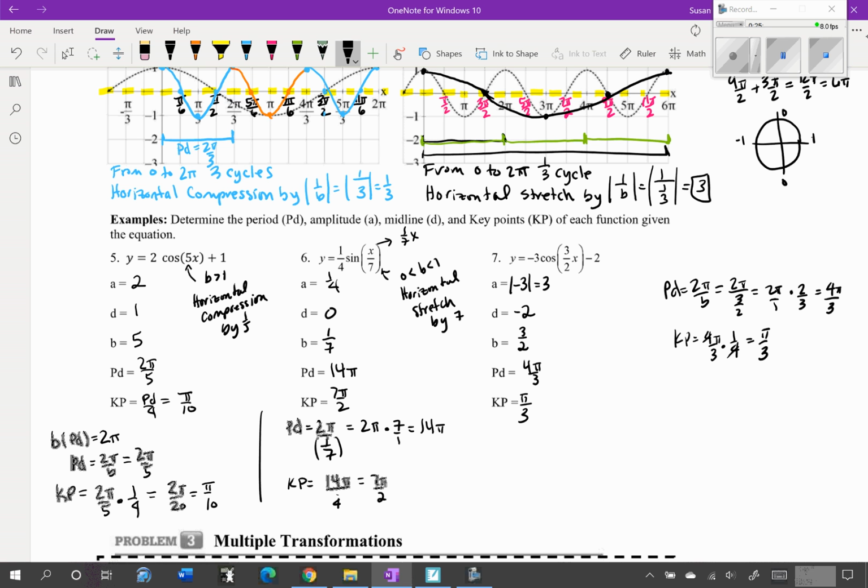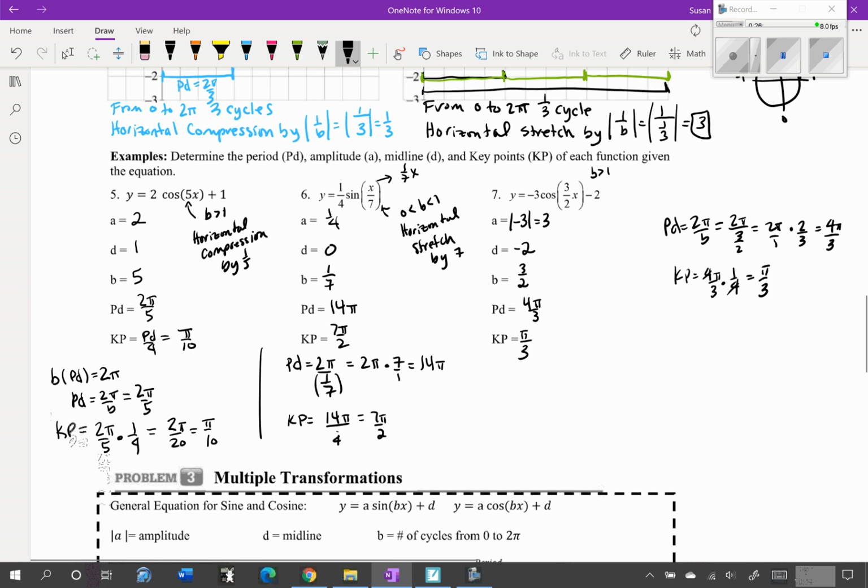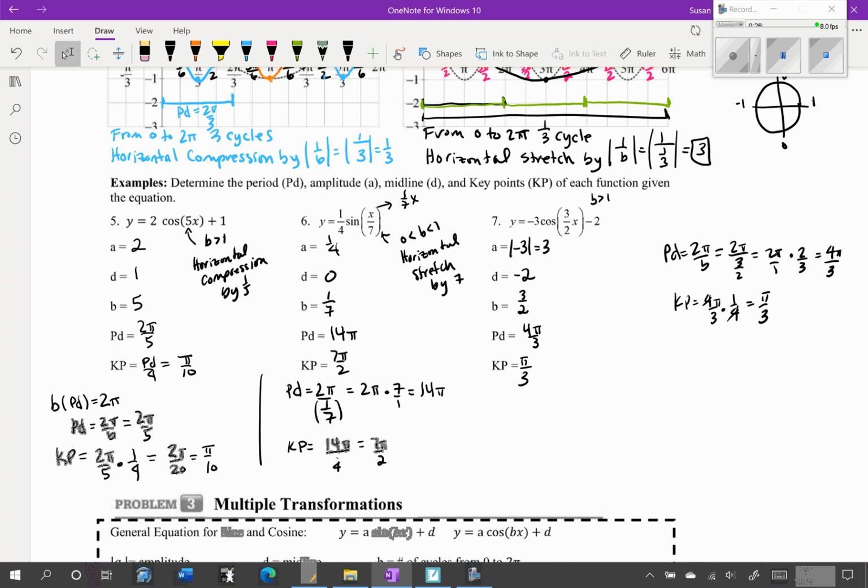And so your b value is 3/2, which is bigger than 1. So b is greater than 1, which tells us this is a horizontal compression by 2/3, because you do the absolute value of 1 over b for the horizontal stretch or compression. We didn't have to actually write that. Remember that the a value tells you the amplitude, so that's a vertical stretch.